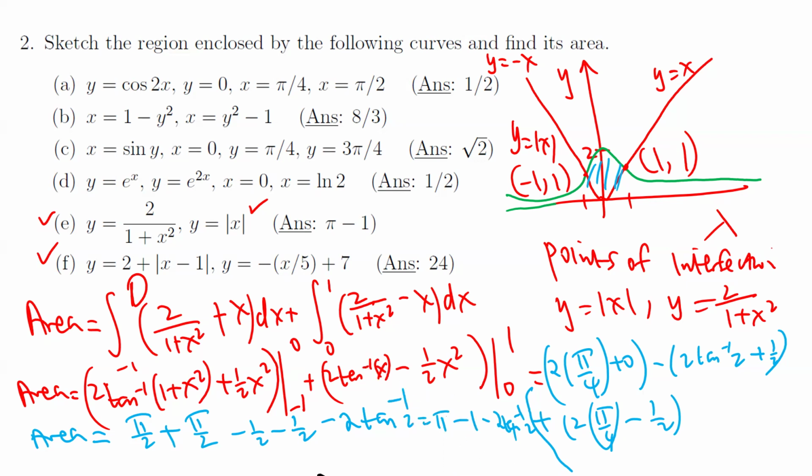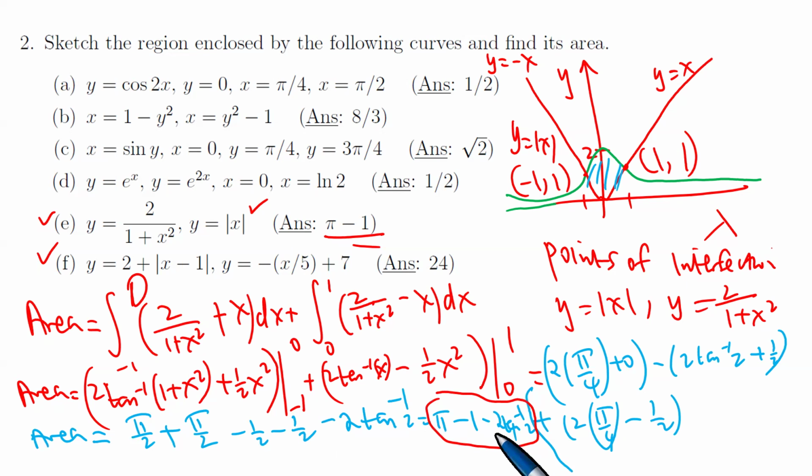So, I mean, we're getting this answer here. But you see, it's very close to that, there's just pi minus 1, but the other thing is missing. So let us see what we're going to get here.